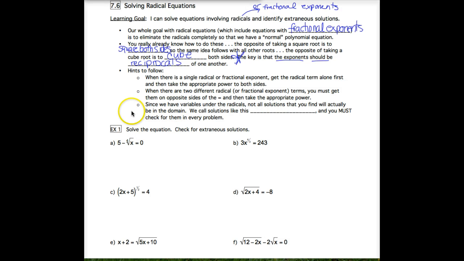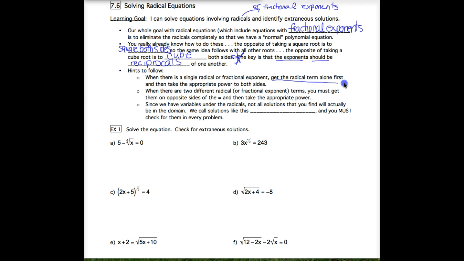So here's some hints to follow, because all of the equations don't look exactly the same, and there are two different situations that we're going to look at. The first is when you have a single radical or fractional exponent, so just one radical in the entire thing. If that's the case, you want to get the radical term alone first and then take the appropriate power on both sides.